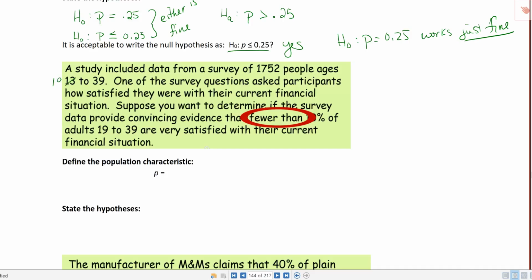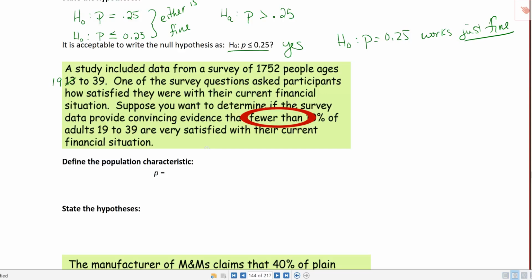And this should have been 19 up here also, because who cares if a 13-year-old is satisfied with their current financial situation? Most of them don't really have a current financial situation. And we want to talk about adults because they're the ones that are actually in a position where they can change their financial situation. Okay, so we want to define the population characteristic.